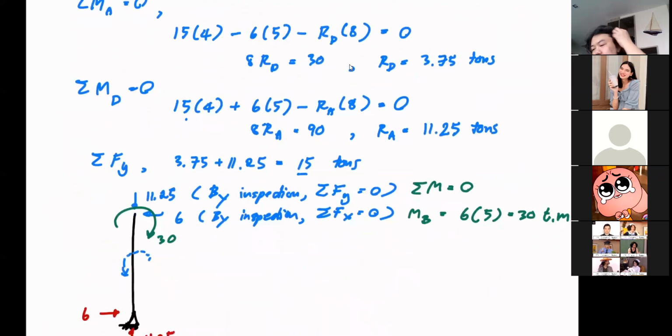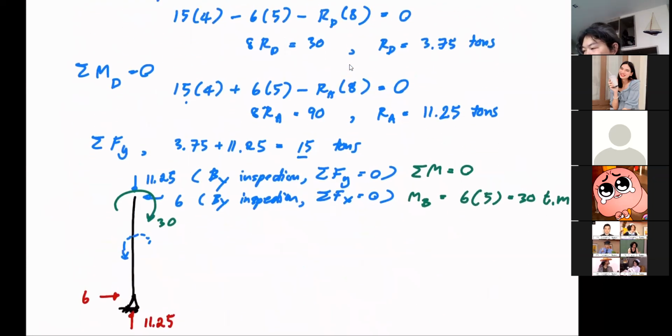So here again, I'm just making up my mind what color I should use. So let's go with black. Okay, I can draw this like this, turn it upside down. And now the moment is 30 here. That one is 6.